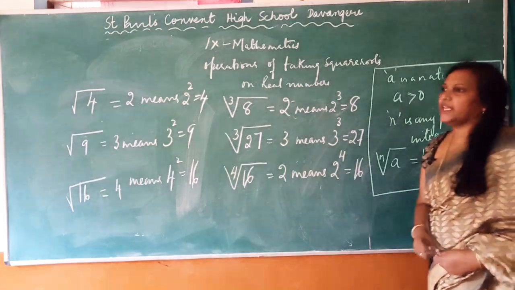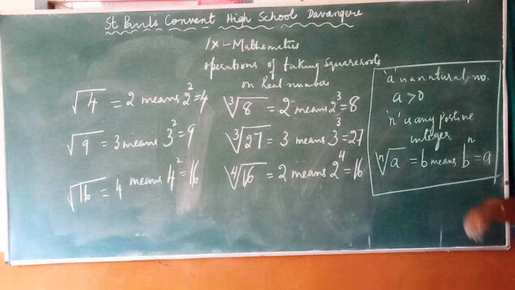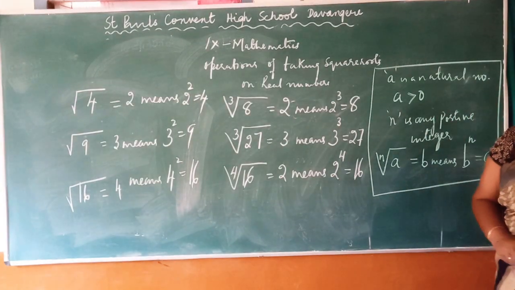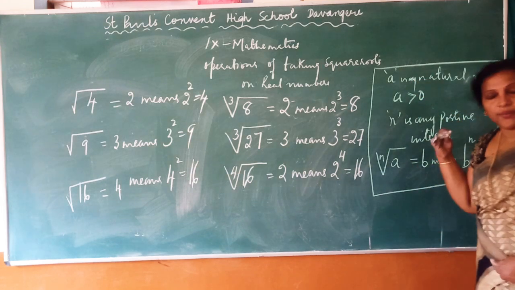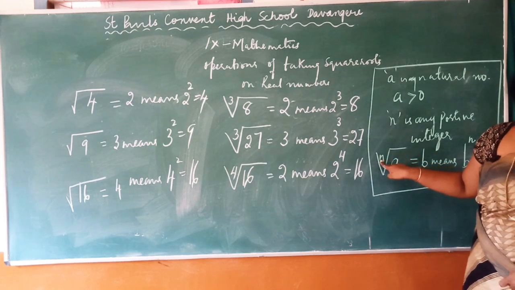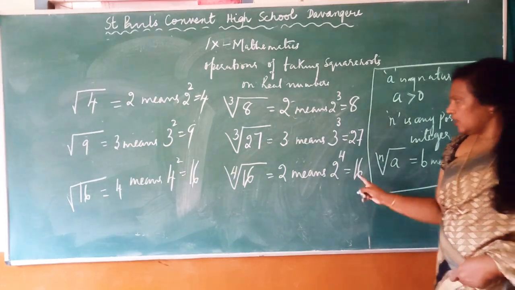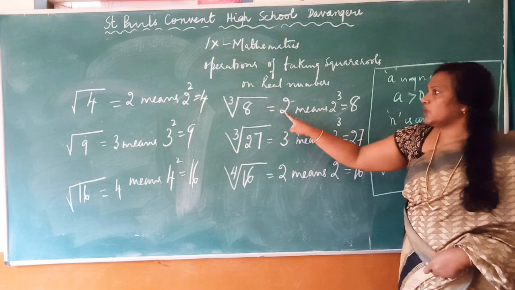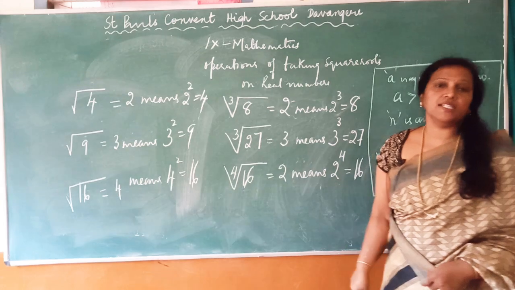See, from these various examples, we came to the conclusion that if A is any natural number greater than 0 and n is a positive integer, then nth root of A is equal to B means B to the power of n, the order, which is nothing but equal to A. In these examples, 2 raised to the power of the order 3 gives 8.